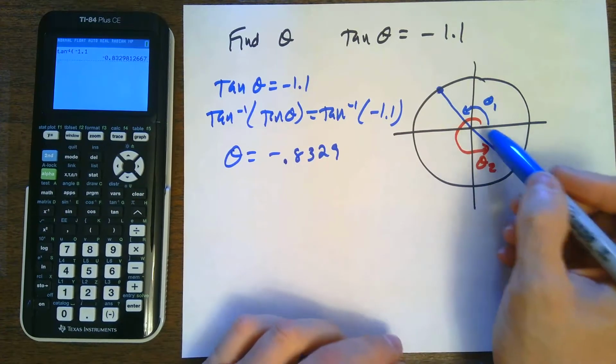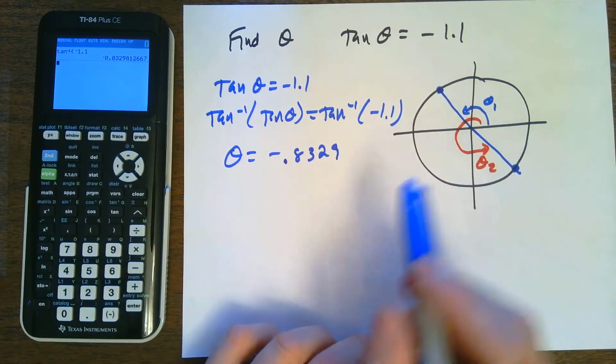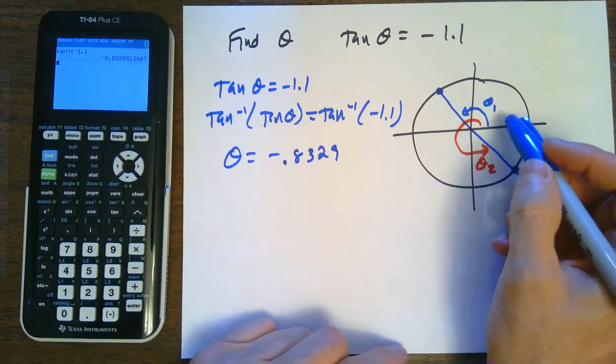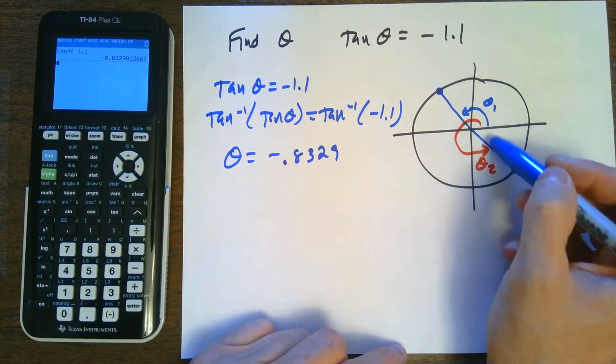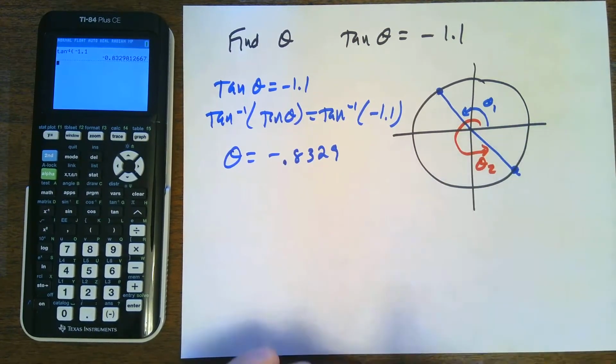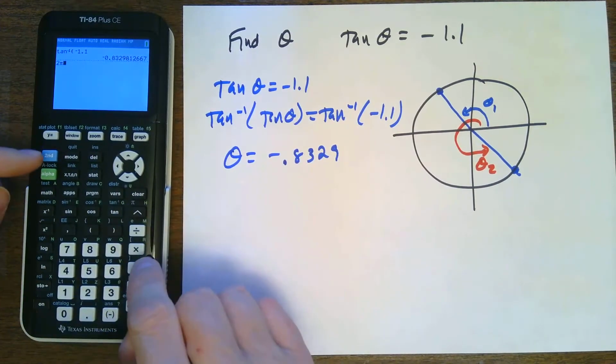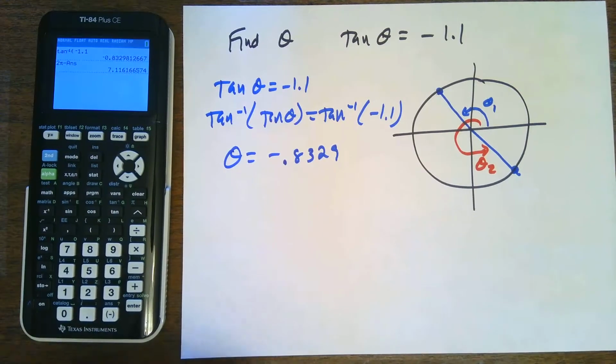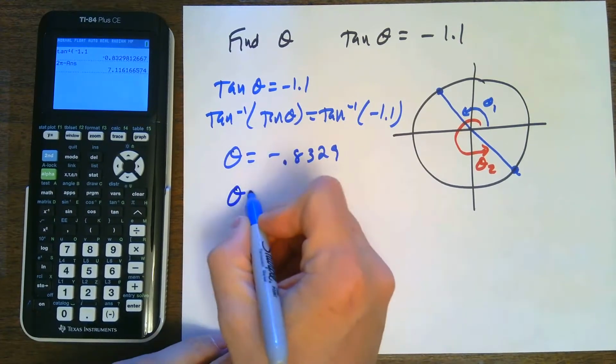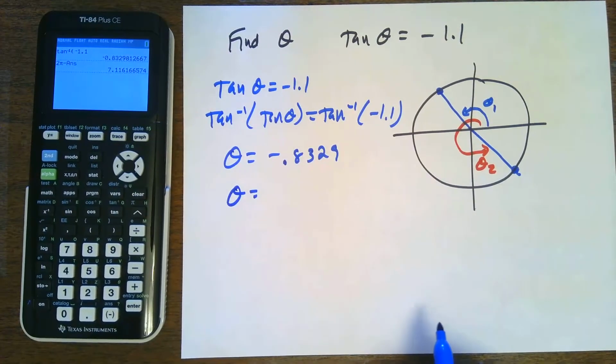And how do I find the other angle? Well, if I take 2 pi and subtract that, oh no, it shouldn't be more than 2 pi, should it?